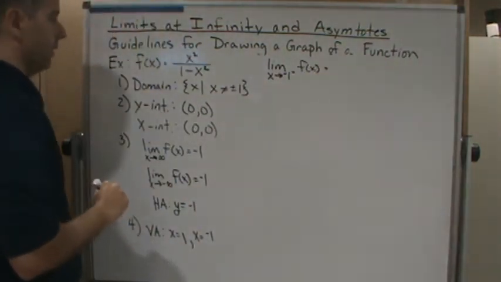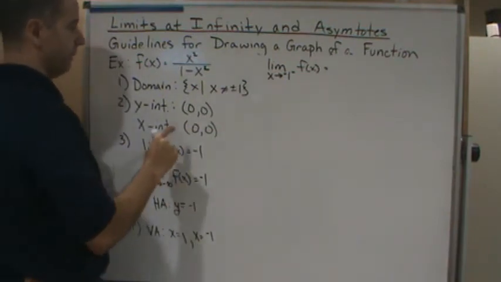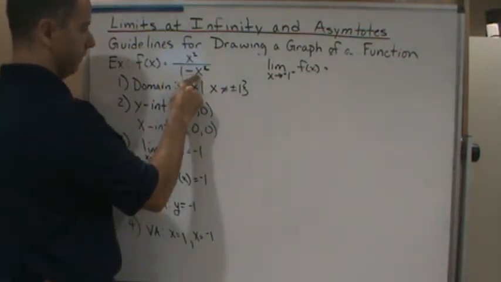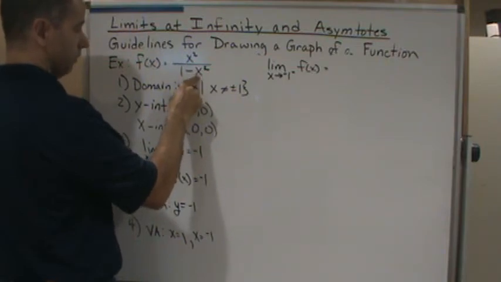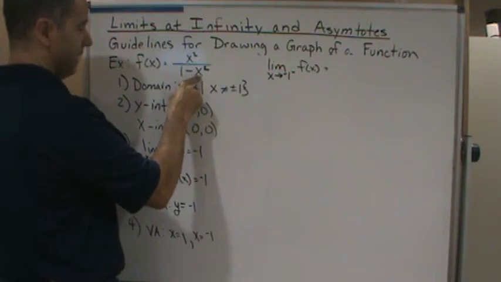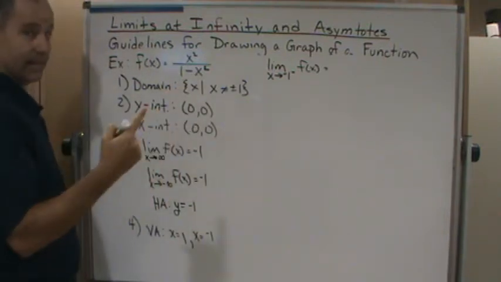Okay? As you're approaching negative 1 from the left, what's happening here? Well, you're putting in a negative number, but it's smaller. And you're squaring it, which is going to give you a small positive number, less than 1.